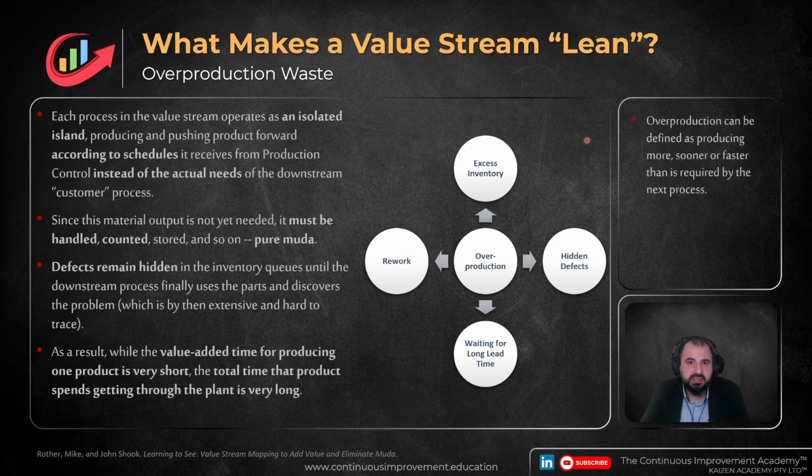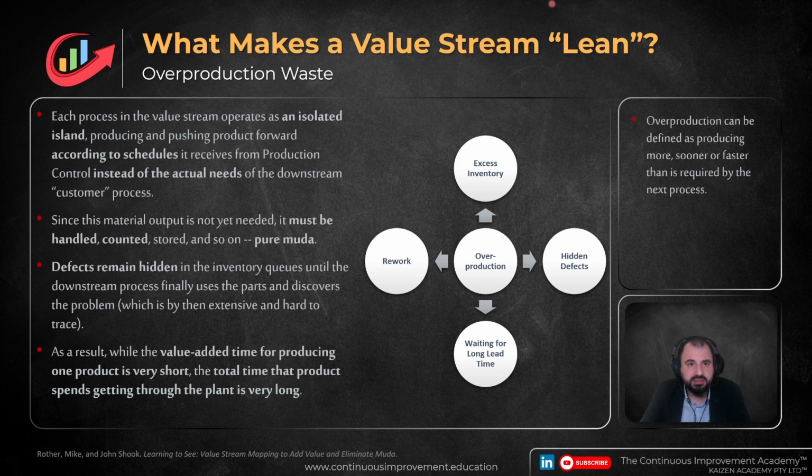It means that each process produces and pushes product forward based on its own schedule, not based on a trigger from the customer process or an actual need from the customer process. And the customer process, we always call it the downstream process. The result of this is pure waste.